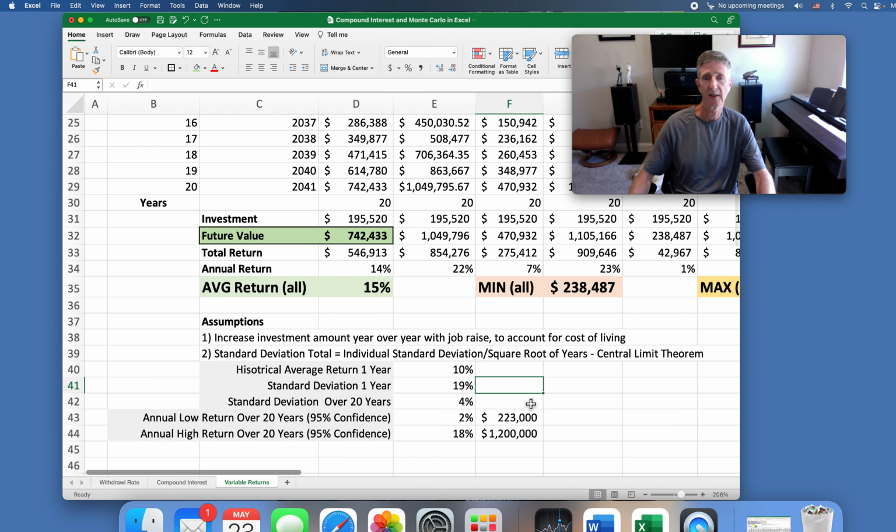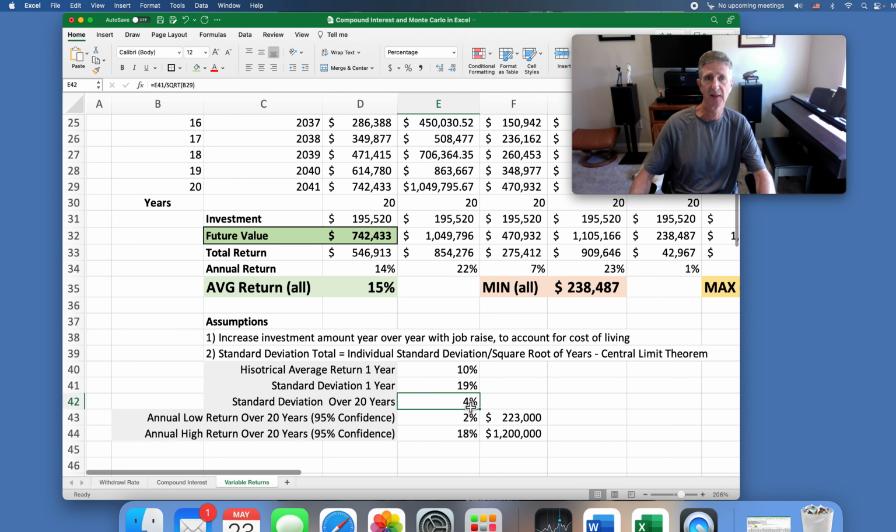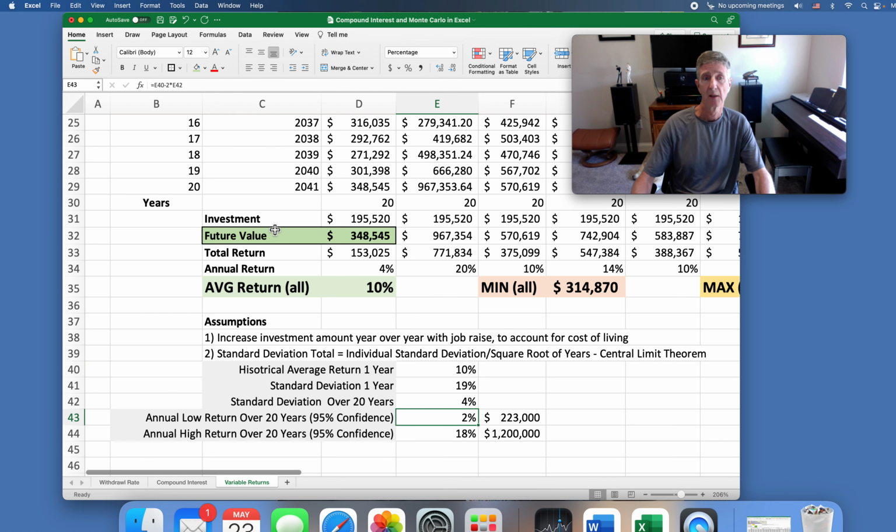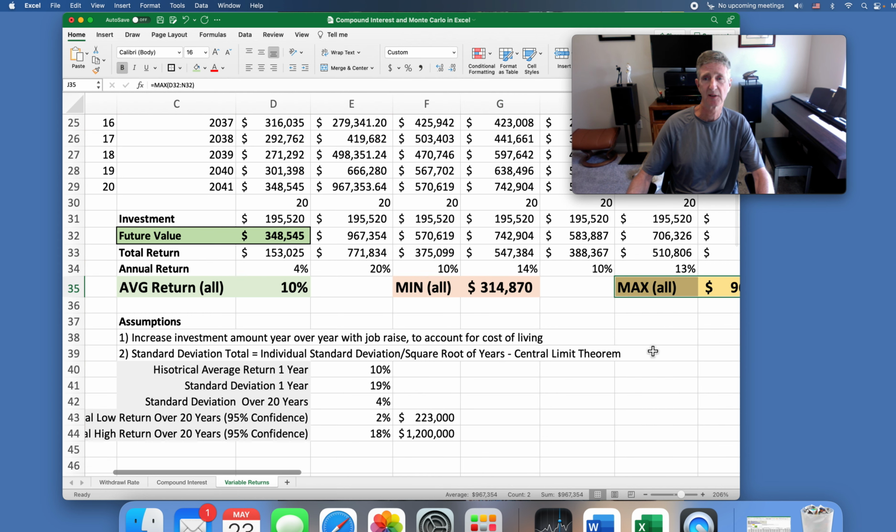So with 20 years, I cut 19% down to 4%. That's 19% divided by the square root of 20. Okay, so knowing that, I can use simple statistics to get my minimum and my maximum statistically.